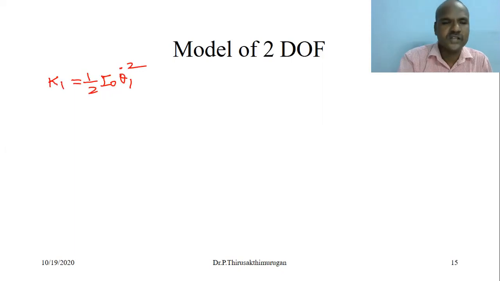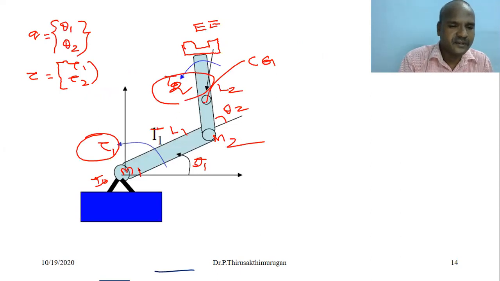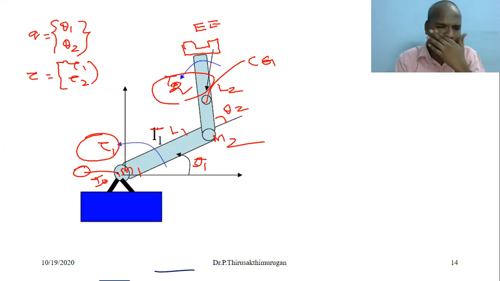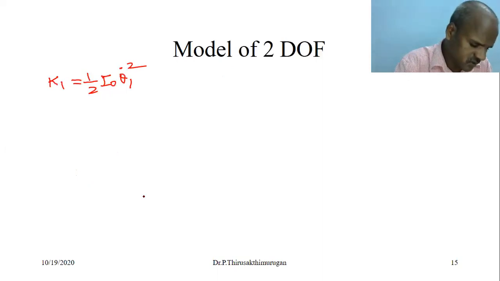So at the joint, this can be represented as O, with respect to O. This is 0. So at this juncture, the moment of inertia is considered as I naught. So I naught theta 1 dot square. That is for link 1.